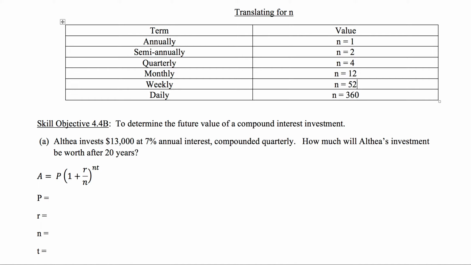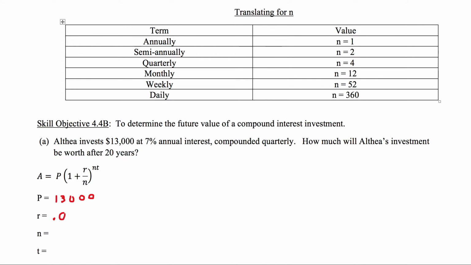She initially invests $13,000, so that's going to be my principal. It tells me that the interest rate is 7%, so we need to write that as a decimal. Remember that to change a percent to a decimal, you move the decimal 2 places to the left.